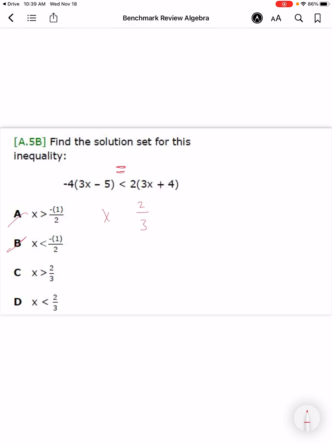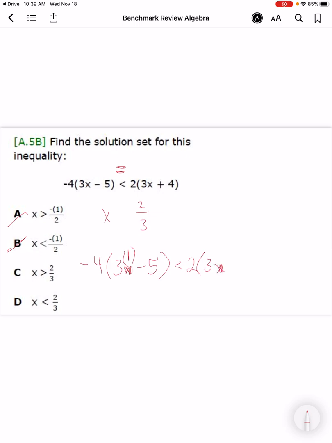So what I would do then is pick a number that is greater than 2/3. So I would pick 1. And I would go back to my equation and say -4, open parentheses, 3x minus 5. But instead of x, I'm going to put a 1. So I'm going to say 3 times 1 minus 5 is less than 2, open parentheses, 3x.